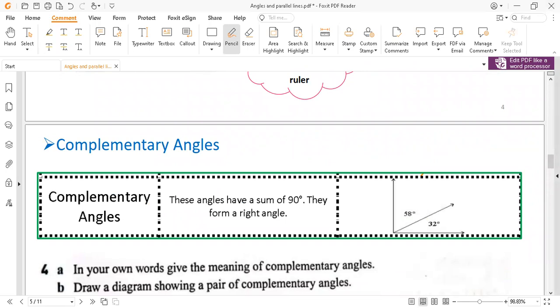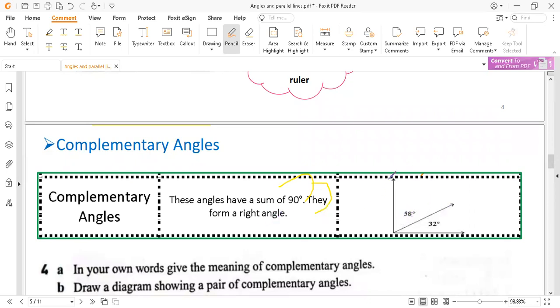Moving on to the different types of angles. When comparing two angles, we can say that we have complementary angles if we have two angles whose sum equals 90 degrees. These angles are called complementary angles, like here.